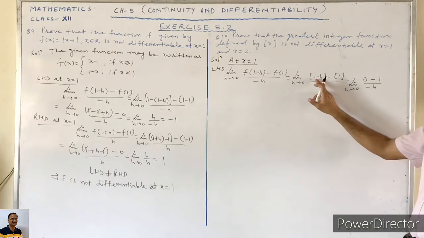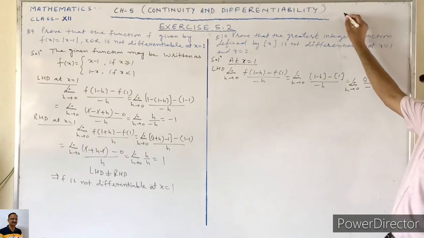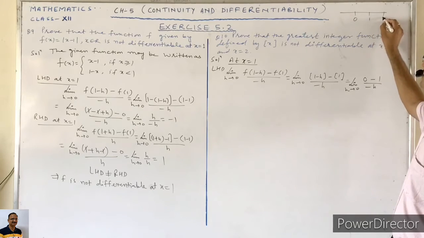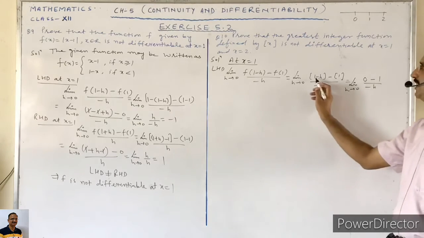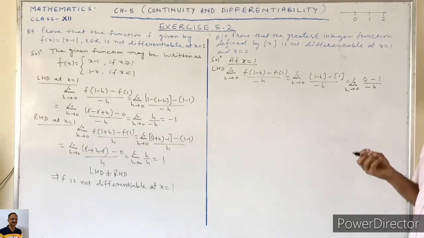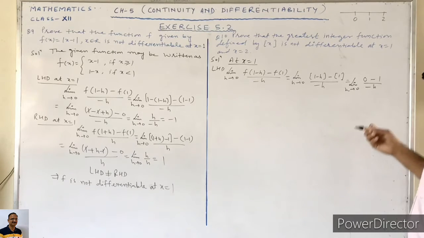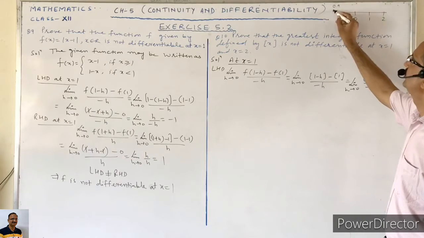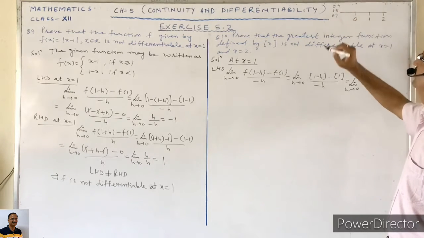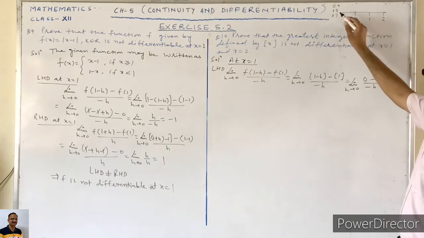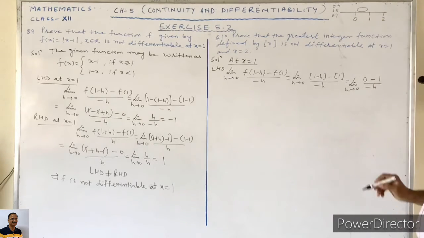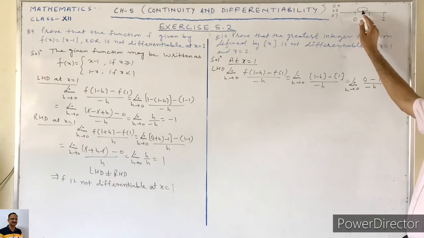Why is the value of [1 minus h] 0? Look here. Suppose this is 0, this is 1 and this is 2. 1 minus h means slightly less than 1, either 0.9, 0.8, 0.7. So these values lie in this area. The integer just less than these values is 0.